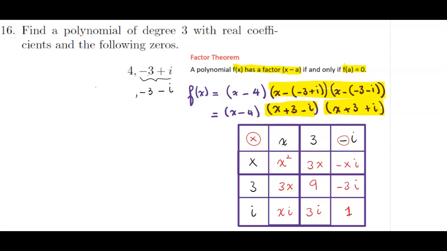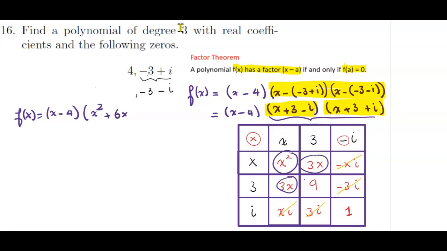We can notice here that some terms cancel: minus xi plus xi cancel each other, and minus 3i plus 3i cancel each other. So your f of x will be x minus 4, which stays the same since I didn't multiply it yet. However, this part here I can substitute by x squared, and then 3x and 3x give me plus 6x, and 9 and 1 give me 10.